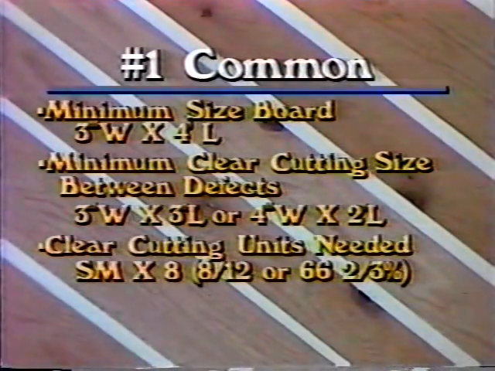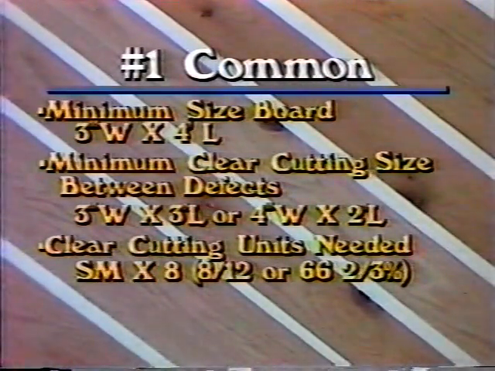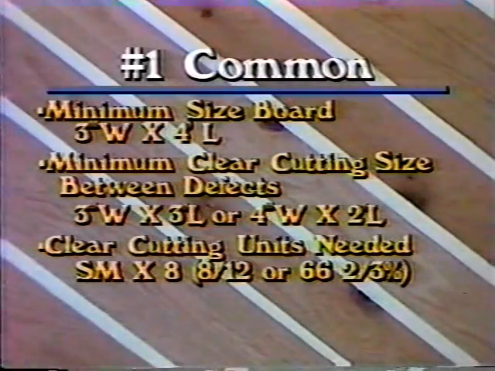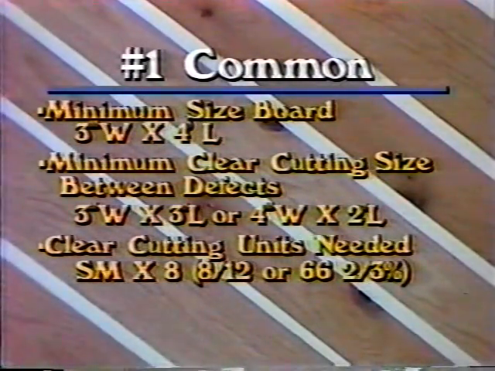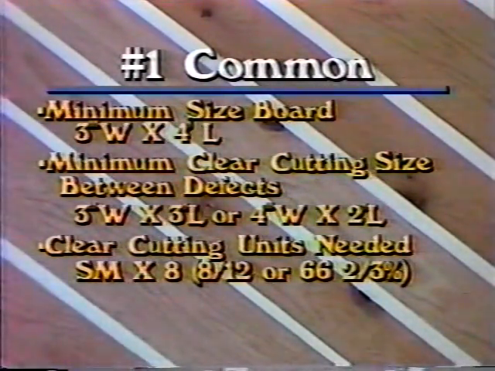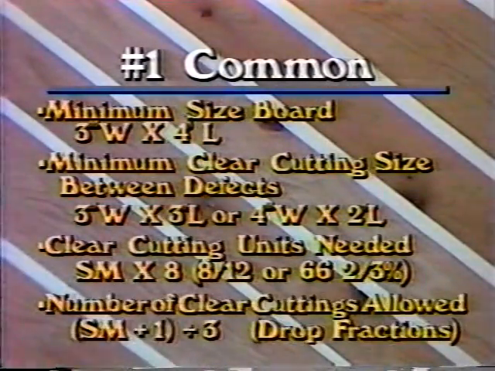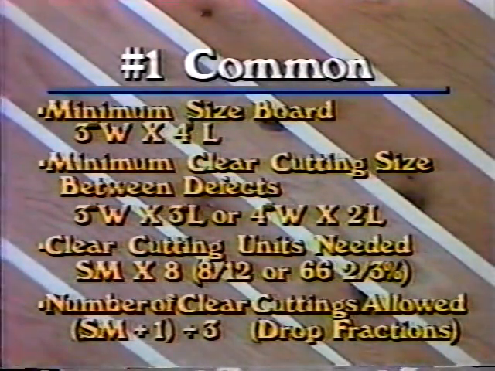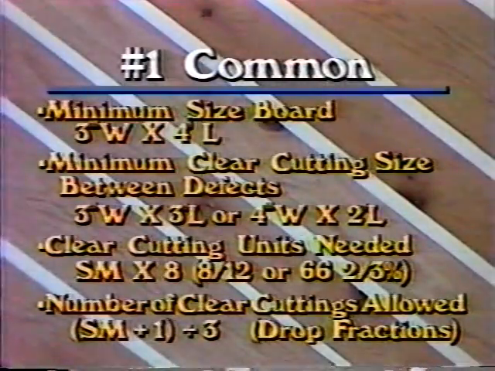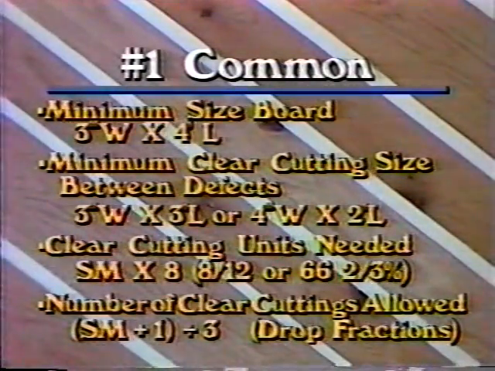The minimum clear area for number 1 common is 8/12 or 66 2/3%. In clear face cutting units, this is calculated by surface measure times 8. To determine the number of cuttings permitted, add 1 to the surface measure and divide by 3, dropping all fractions.